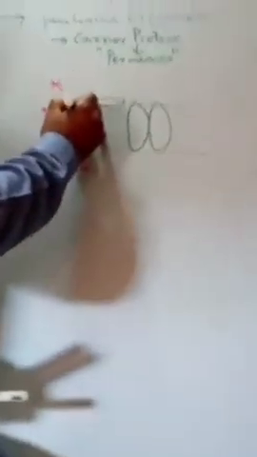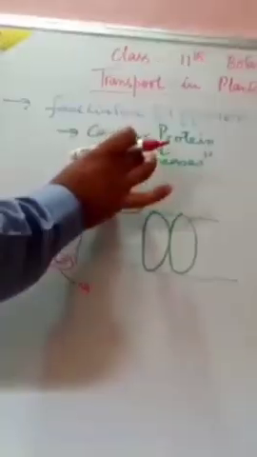So we can say this is facilitated diffusion. What is facilitated diffusion? It is simply the process of diffusion which can take place with the help of the facilitator, that is mainly the carrier proteins.